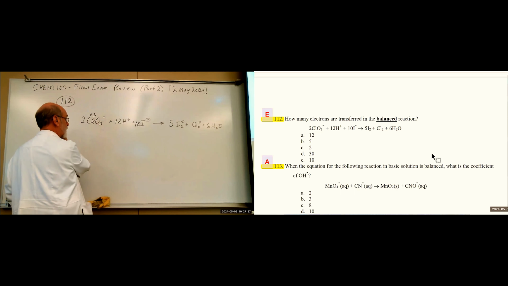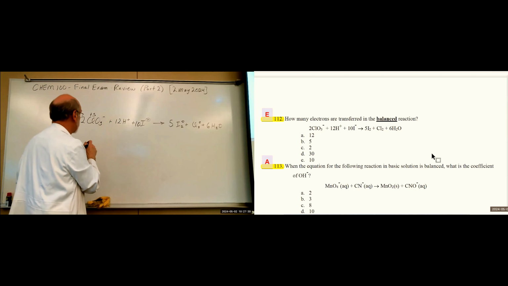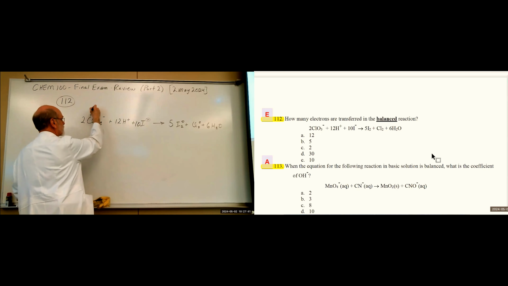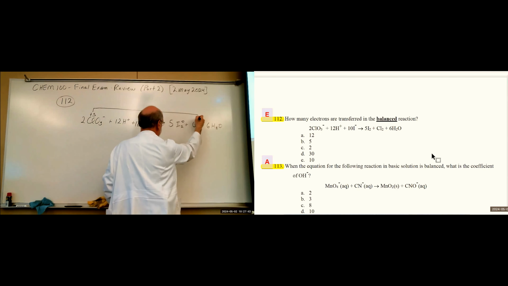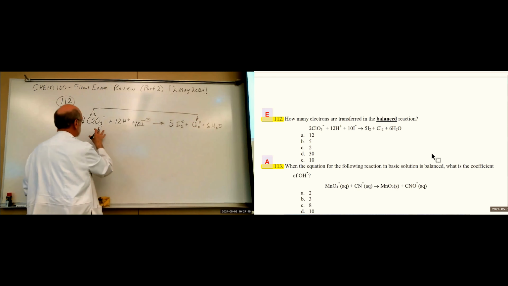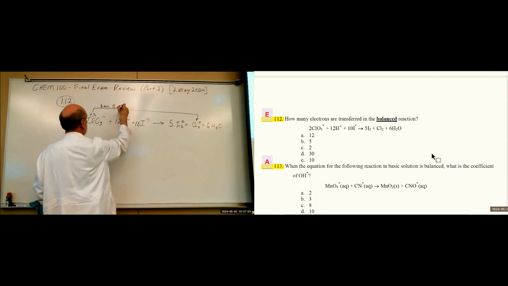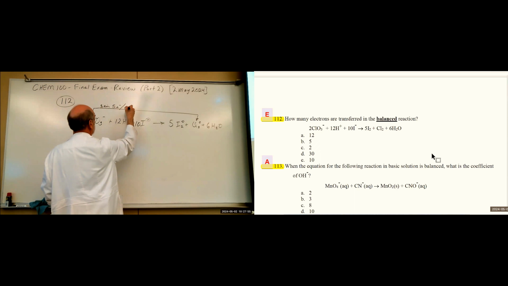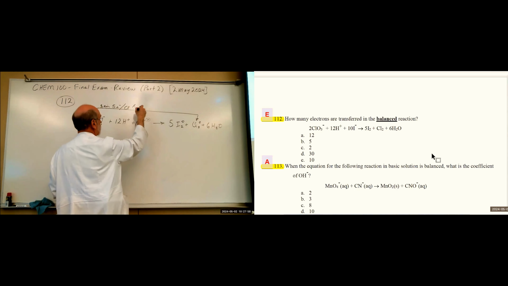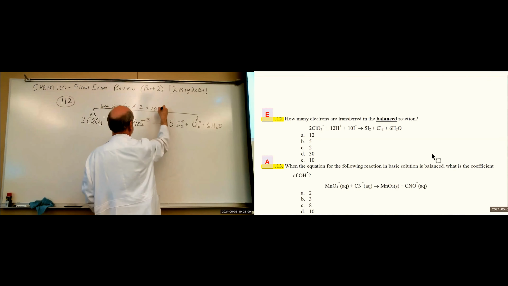We determined that one earlier. So if we're going from this chlorine to that chlorine, remember, we went from +5 to 0 in this case. So we gain 5 electrons per chlorine. And we have 2 chlorines, so we have 10 electrons.